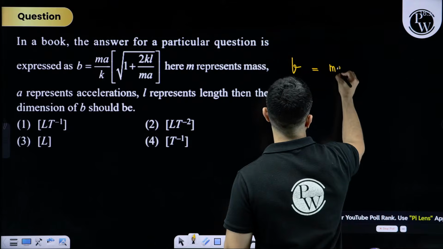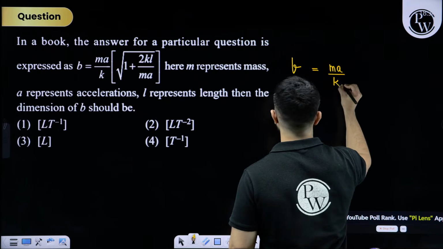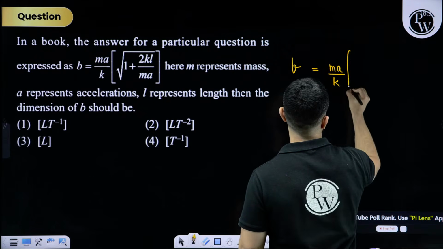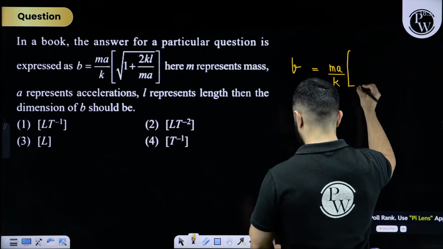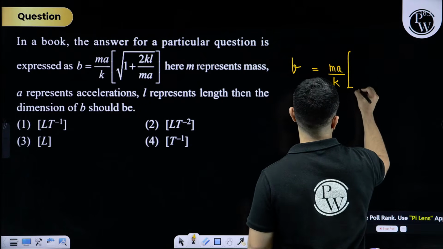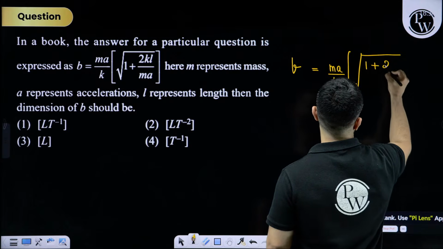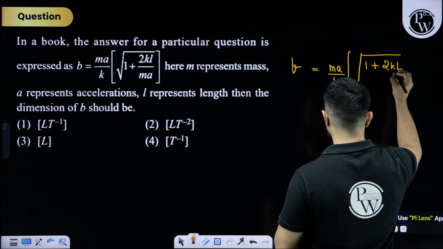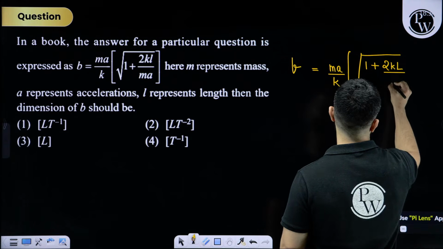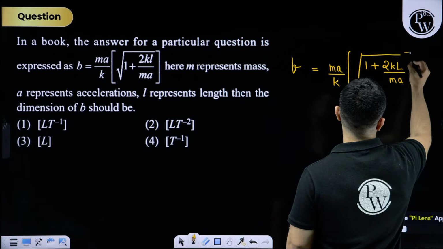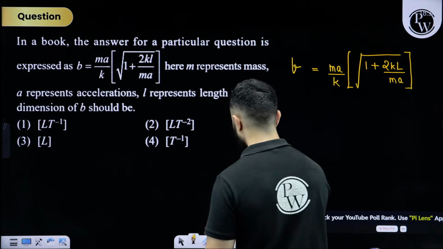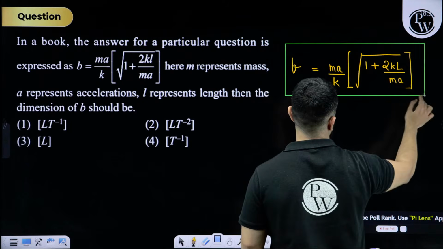B is MA divided by K times under root of 1 plus 2KL divided by MA. This is the given expression.